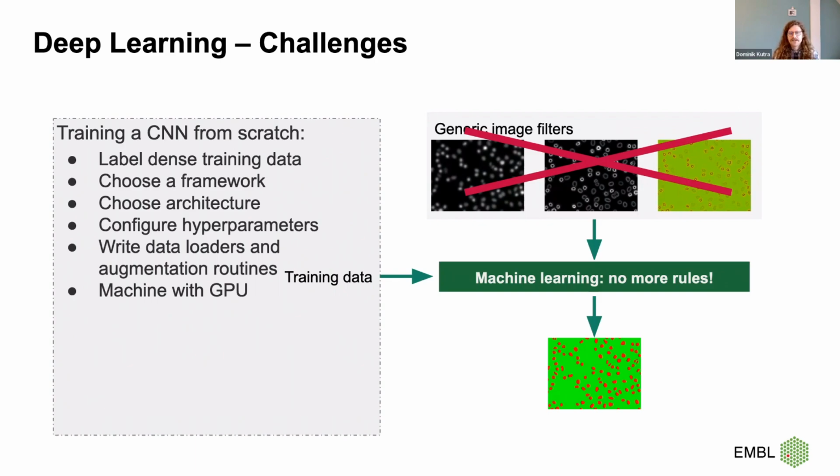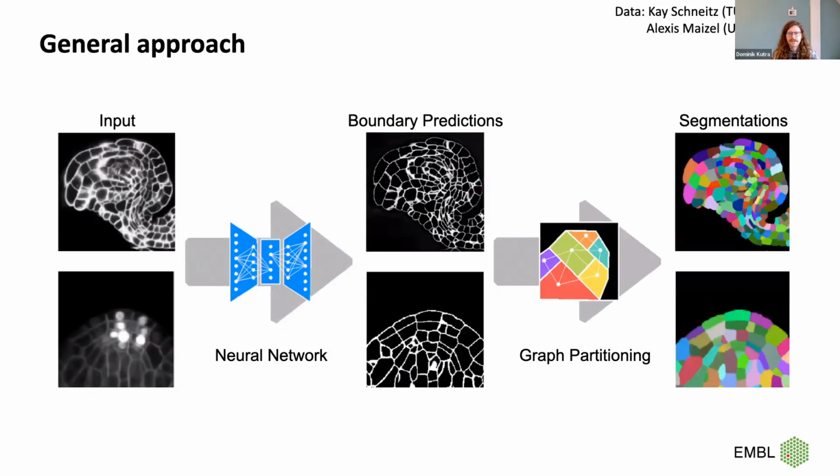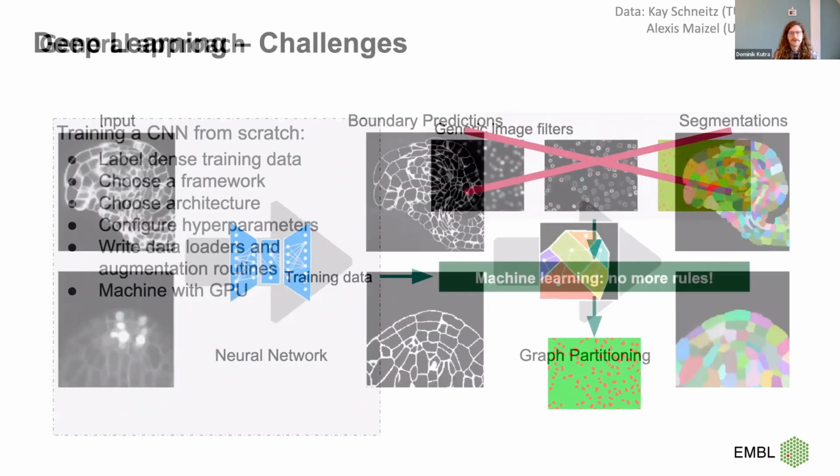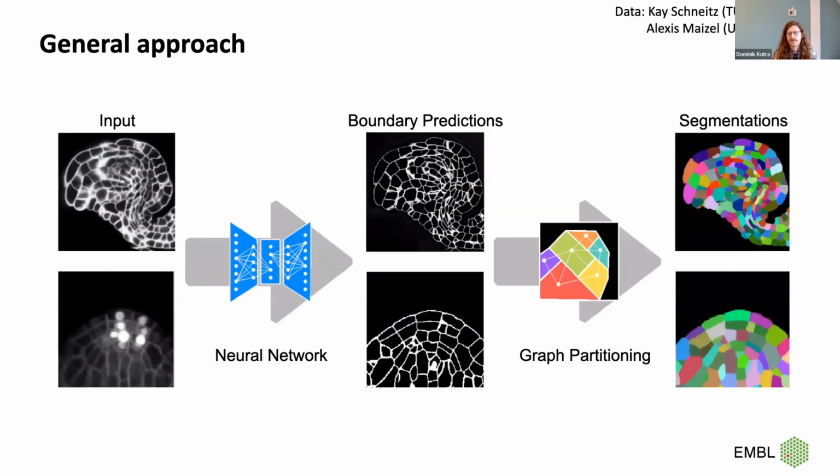And in order to overcome this, there's a community initiative, which is called the Bioimage.io Model Zoo. And there the idea is to make these networks that so much work went into available to everyone to run on their own data.